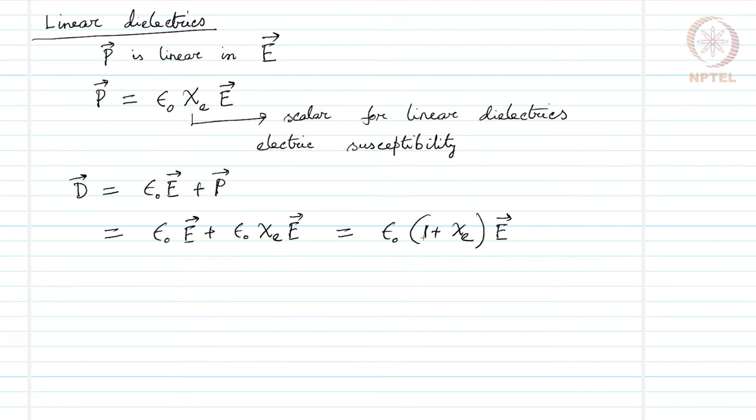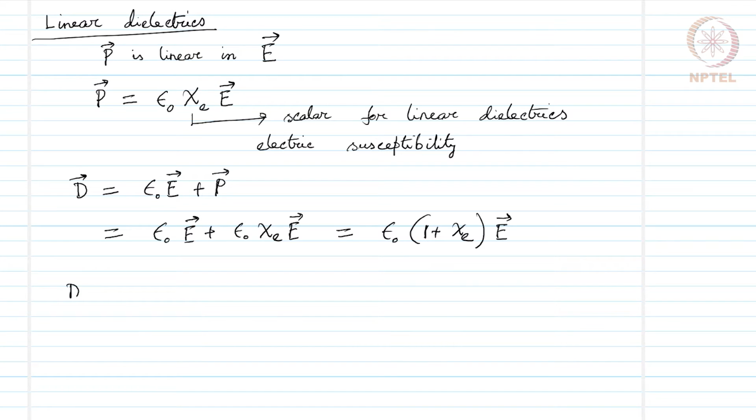In case of a linear dielectric, we define it in such a way that the response of the material, that is polarization, is along the direction of the electric field, and chi E is a scalar, a constant for that material. That is how we define a linear dielectric material, for which the displacement vector is also along the direction of the electric field, and it is just a constant times the electric field, only for a linear dielectric material, not otherwise.